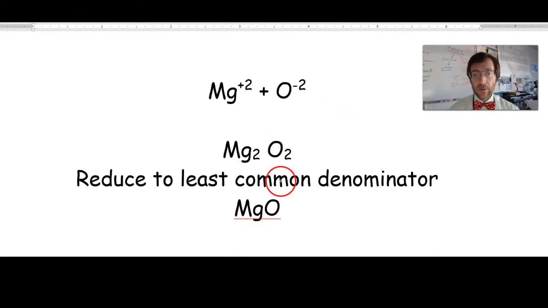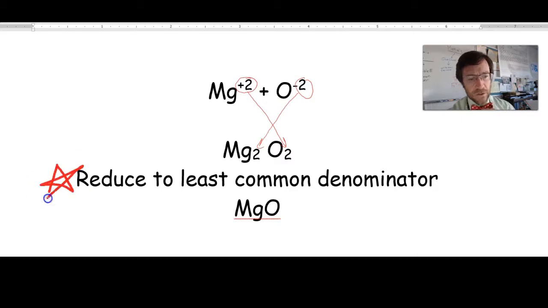Now this one we have to be careful about, right? In this case, we're going to take the 2 from the magnesium, we'll drop it down to the oxygen. We'll take the 2 from oxygen, we'll drop it down to the magnesium. But this is a bit of a problem. We have to reduce, okay? Because if magnesium is a +2 and oxygen is a -2, really the ratio that we need is a 1-to-1, right?